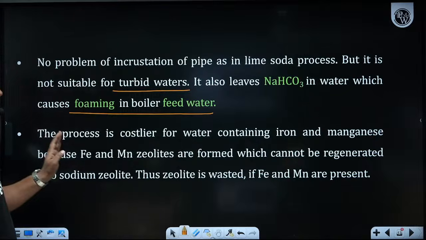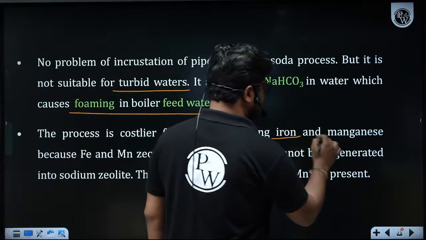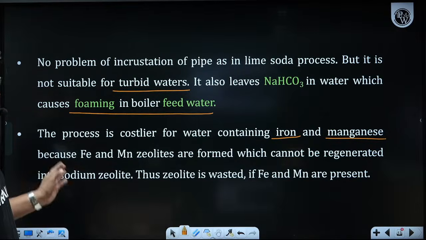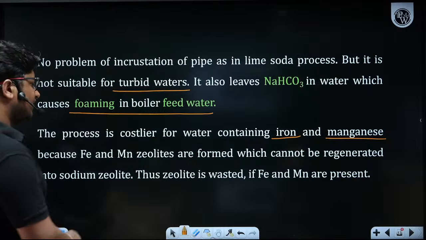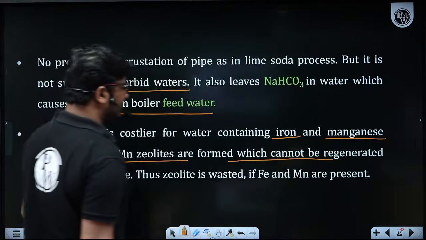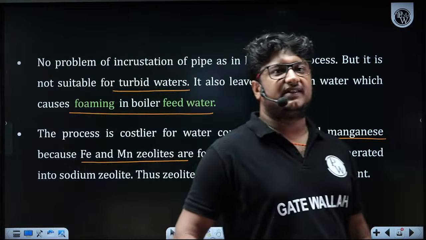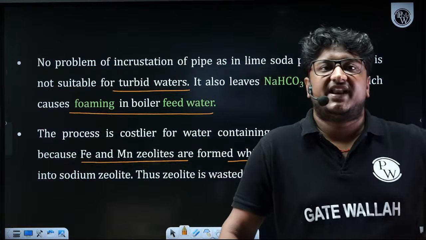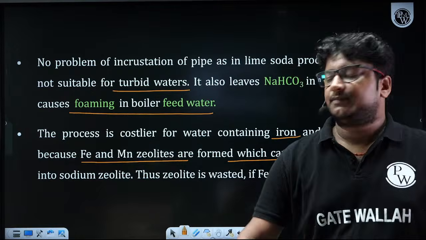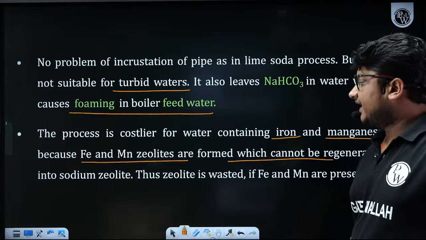Now, this process is costlier for water containing iron and manganese, because Fe and Mn zeolites are formed which cannot be regenerated into sodium zeolite again.